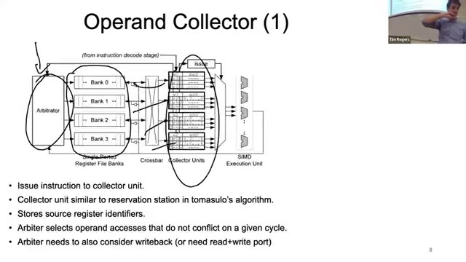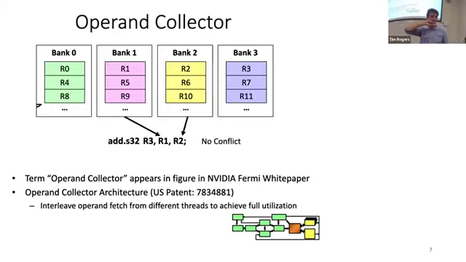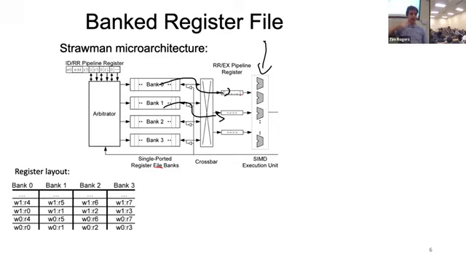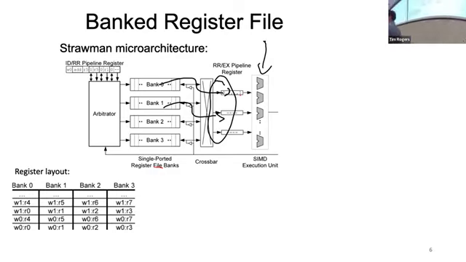Well, in this one, okay, so let's go back to the straw man. In the straw man, I assumed that all 3 destinations for all 3 input registers that I might need for this instruction are logically separate memories, right?